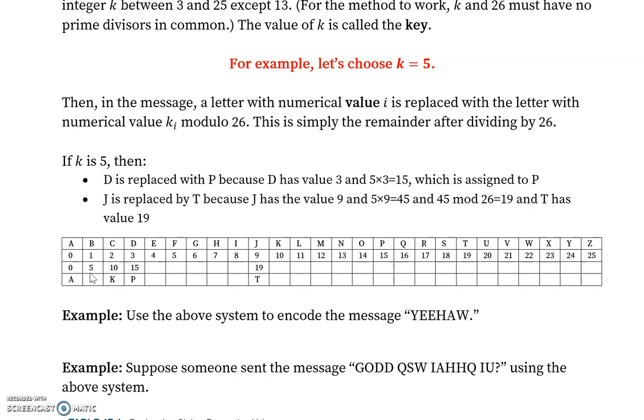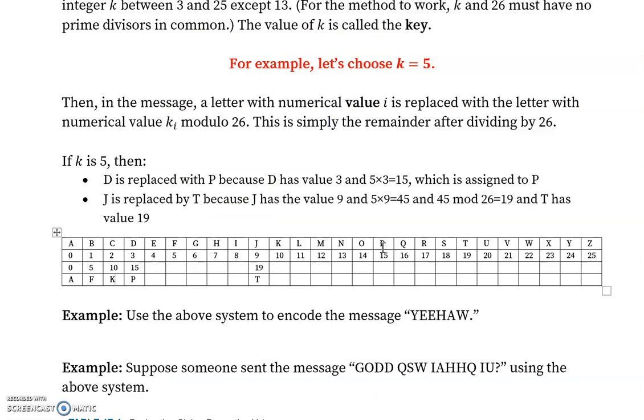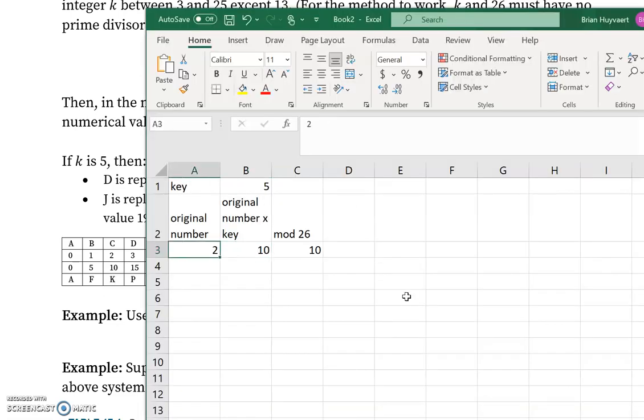Okay, so those ones where the value doesn't exceed 26 are kind of boring because this mod 26 answer is going to be the same as just the original number times the key. So let's choose a different letter, something with a bigger value. Like M, for example, M has a value of 12 originally assigned to it. So if the original number is 12, I multiply that by 5, the key, I'm going to get 60.